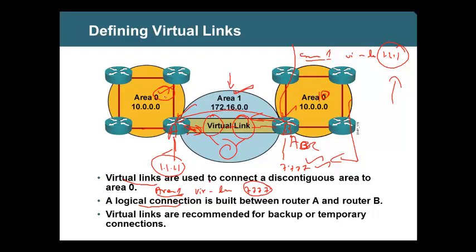So you got a direct connection, though it's not physical, you got a connection from B to A. The packet is going to be delivered to 1.1.1.1, not to any other middle router in area 1. That is what is called a tunnel. It is directly delivered to a remote destination.